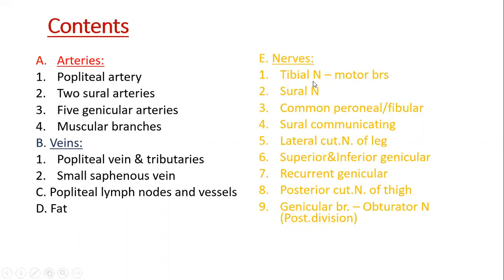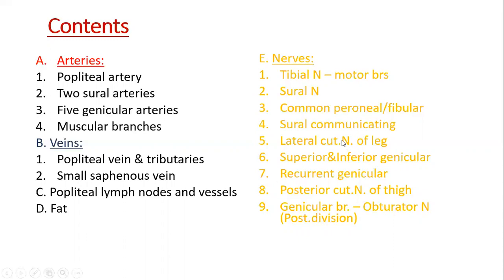In the nerves, we have tibial nerve along with its motor branches, then sural nerve, which is a branch of tibial nerve. Next to it, we have common peroneal, also called common fibular nerve, along with its branches, which include the sural communicating branch and the lateral cutaneous nerve of the calf or leg.